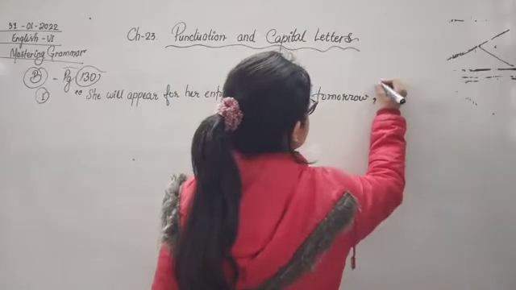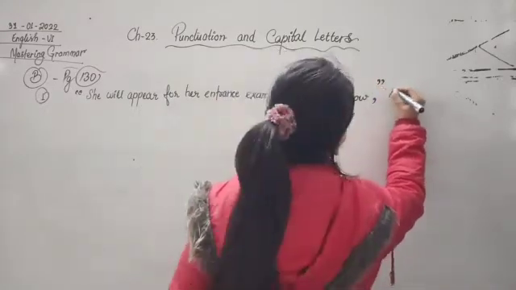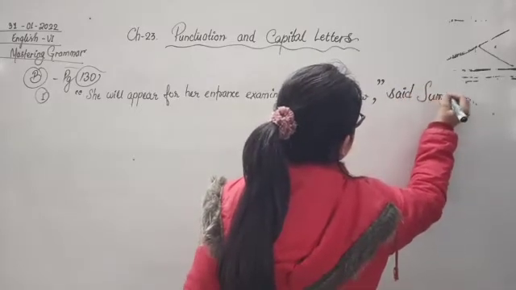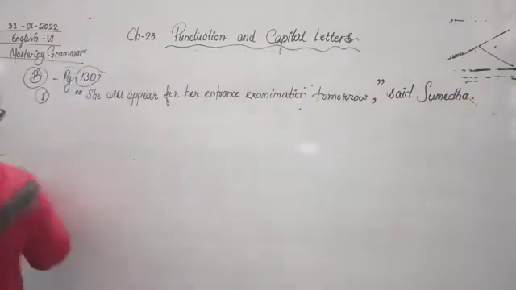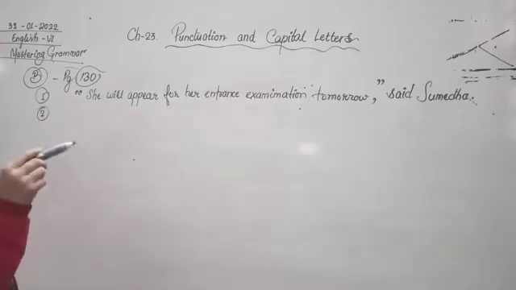Then just put a comma, close the quotations, and then you write said Sumedha, full stop. So we have used inverted commas, means quotations, then we have used a comma and then a full stop.